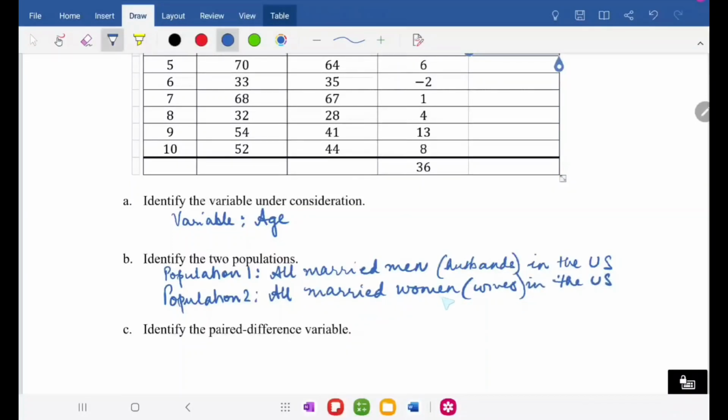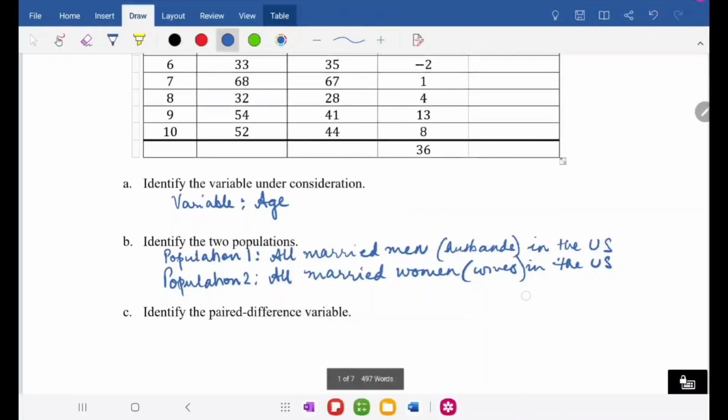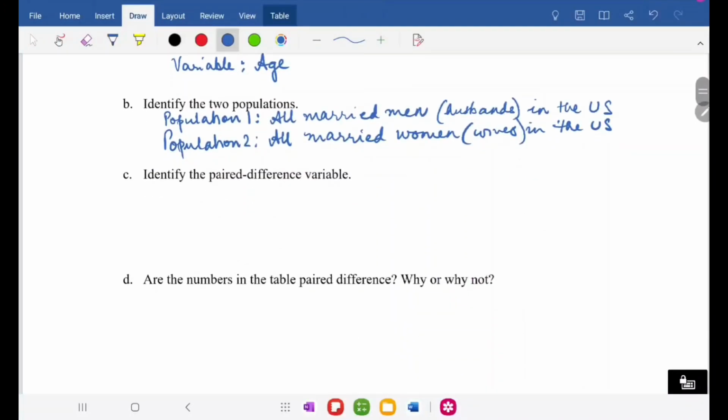However, we have to make sure that in our sample, we choose the wife of the husband that was chosen in sample 1. In sample 2, the wife has to be the legally married wife of the husband that appears in sample 1. Now identify the paired difference.